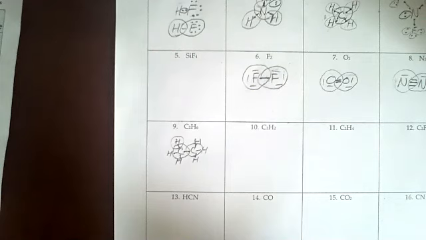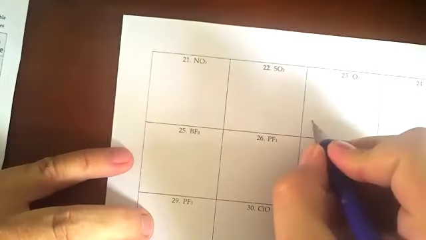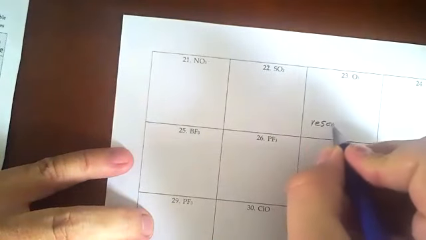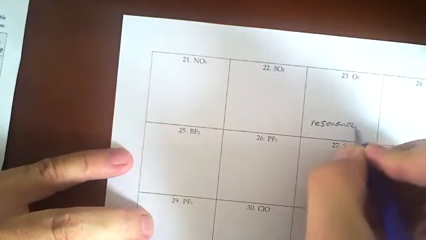Oh, you know what? I see an error on my solutions. 23 should say, or like, you see the note on 22? It says res structure. That means resonance structure. On 23, we should add this. And I'm going to write out the whole thing. I know I didn't teach this part yet.